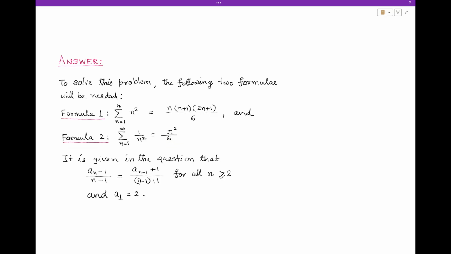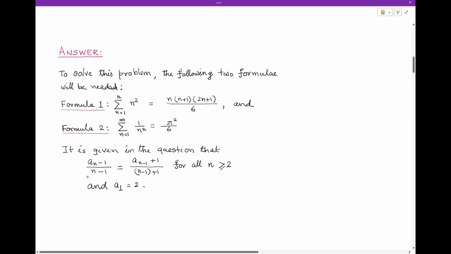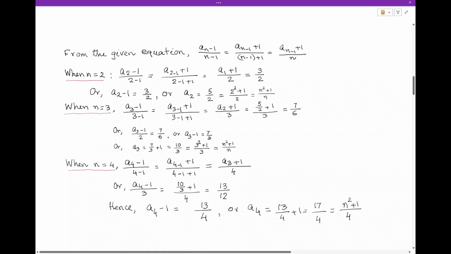It is given in the question that (a subscript n minus 1) divided by (n minus 1) is equal to (a subscript n minus 1 plus 1) divided by (n minus 1 plus 1) for all n greater than or equal to 2, and also a1 is equal to 2.